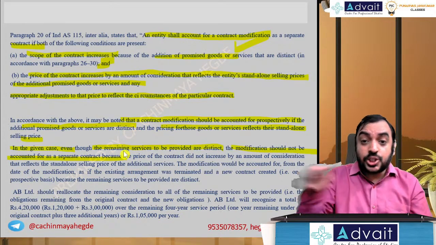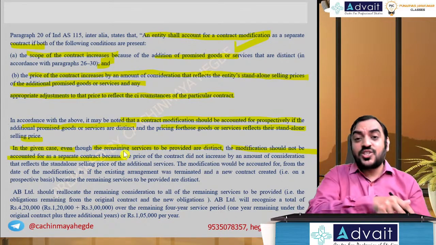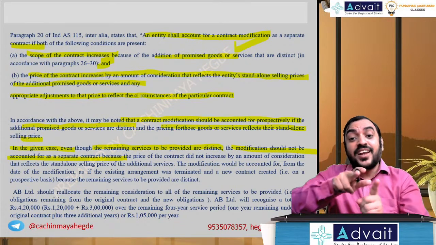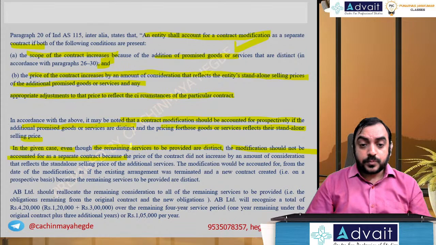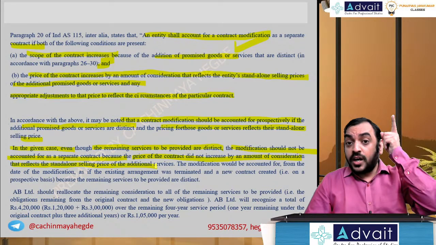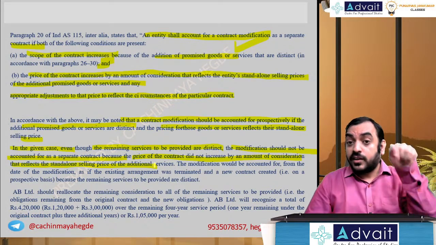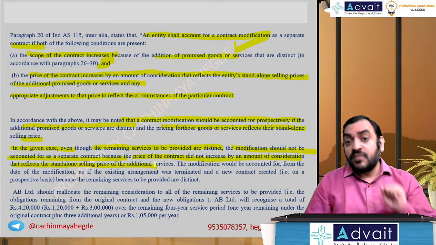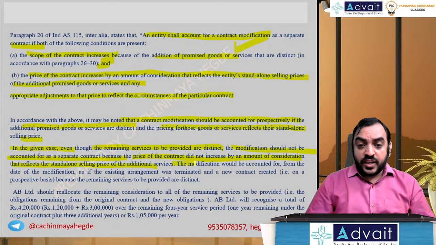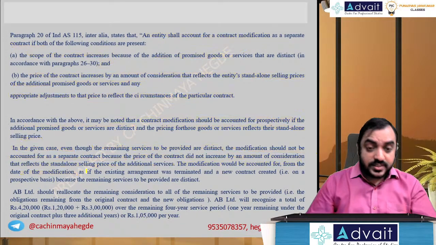The price charged for that additional service should be fair, reflecting the standalone selling price. It did not increase by an amount of consideration that reflects the standalone selling price, because you are supposed to charge somebody else 1,20,000 per year, but you charge them 1 lakh. Why are you giving a concession? Because they are part of our existing contract. The modification would be accounted for from the date of modification. Okay, this is important.